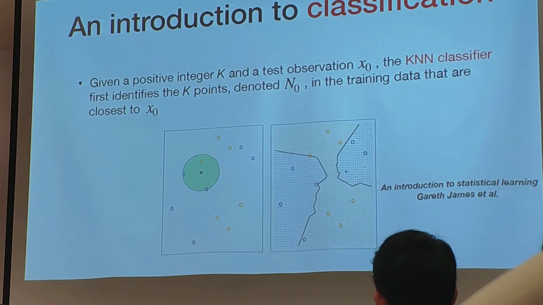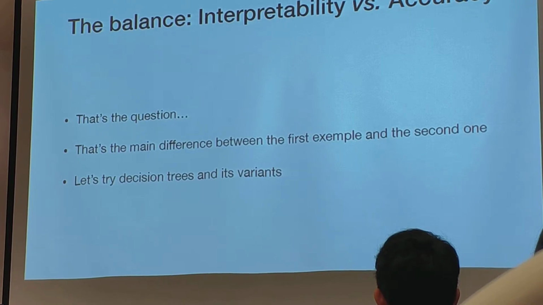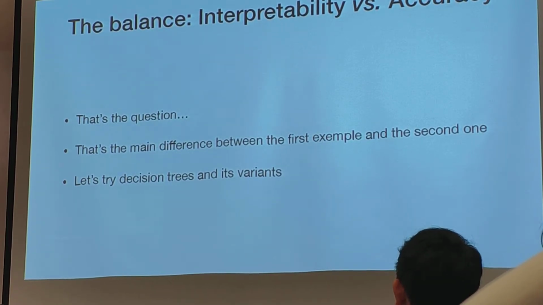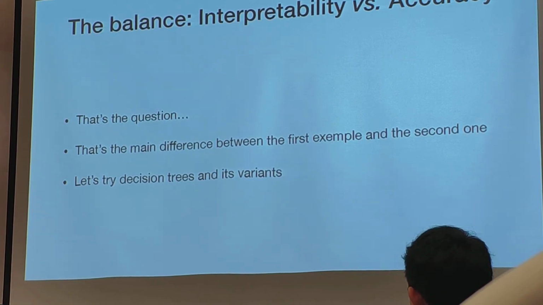So the thing is, in machine learning, you have a balance that you have to respect between interpretability and accuracy, okay? And of course, you always try to say which method is the most accurate, because I really want to predict whether you have that very hard type of disease or not.